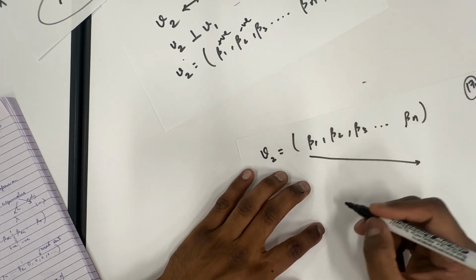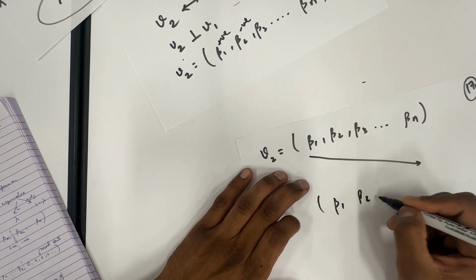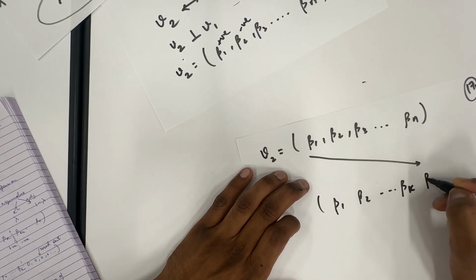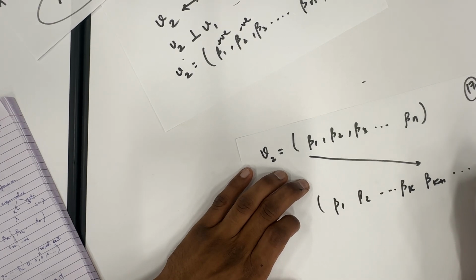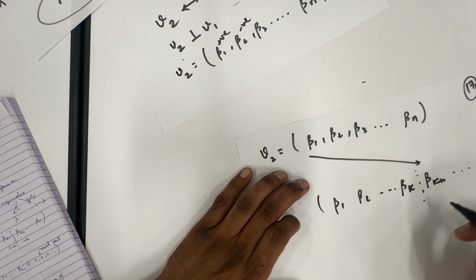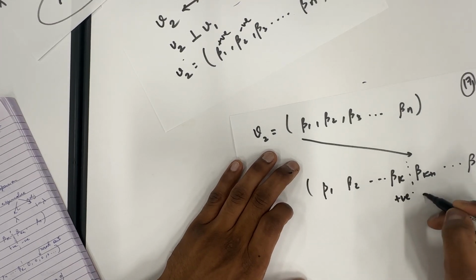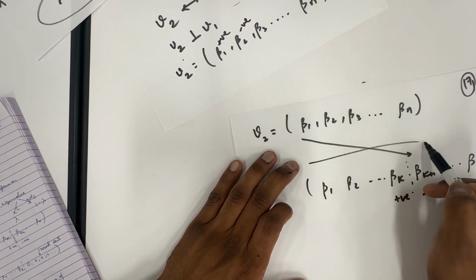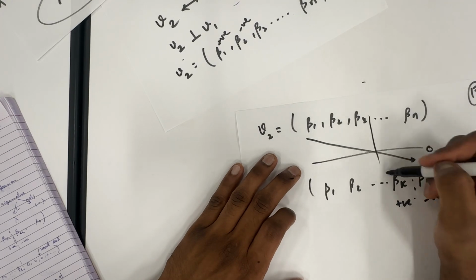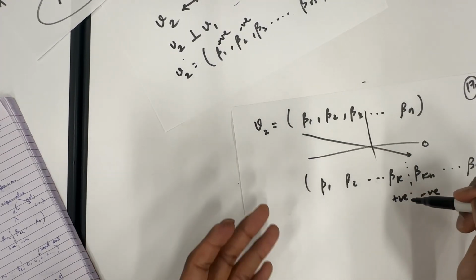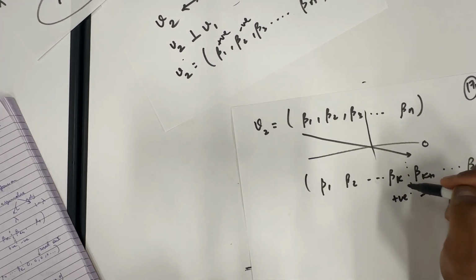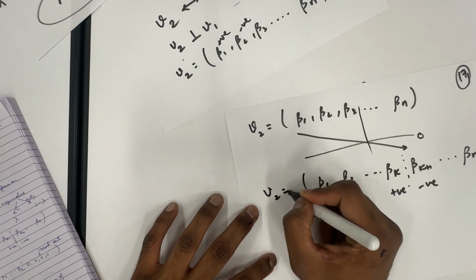So what happens now is something interesting. There is some number, beta 1, beta 2, beta k, beta k plus 1, up to beta n, from where this entire vector goes from being positive to being negative. Let's say this line is 0. So this beta k is the smallest positive number on this entire vector V2.